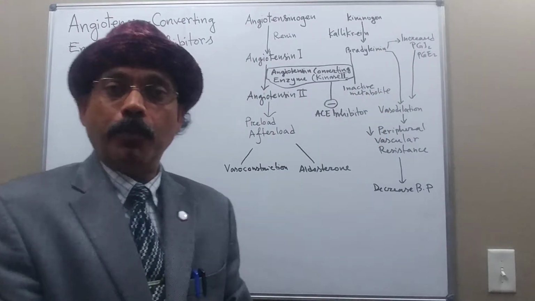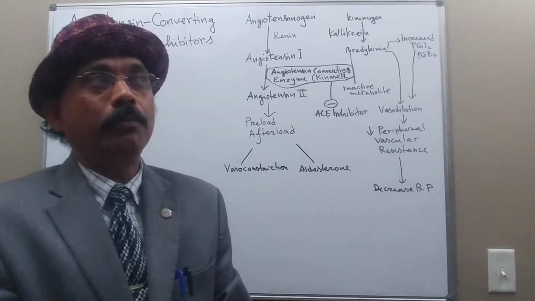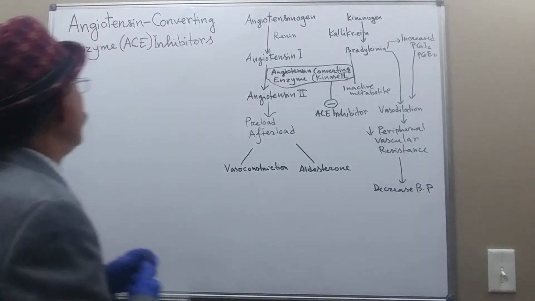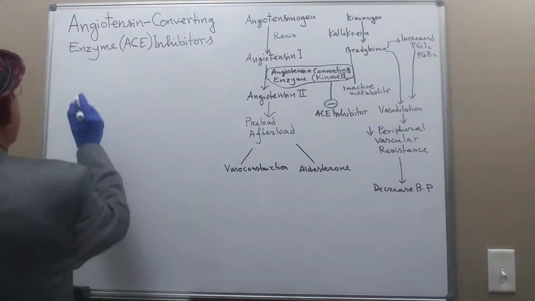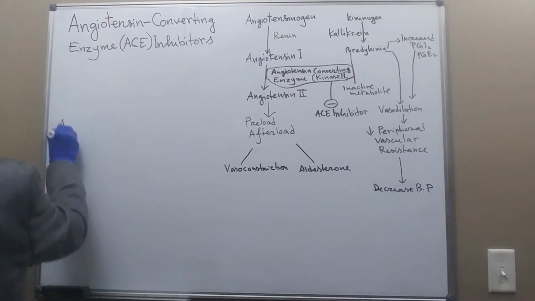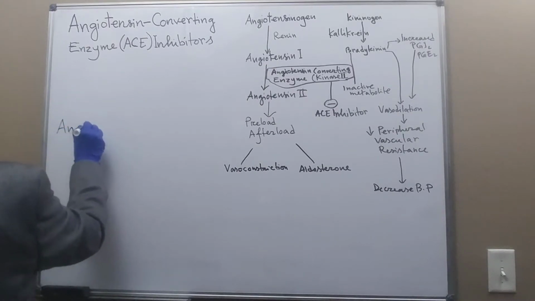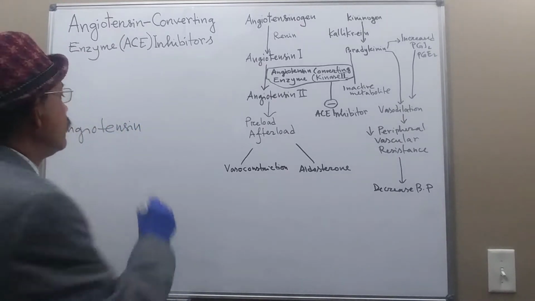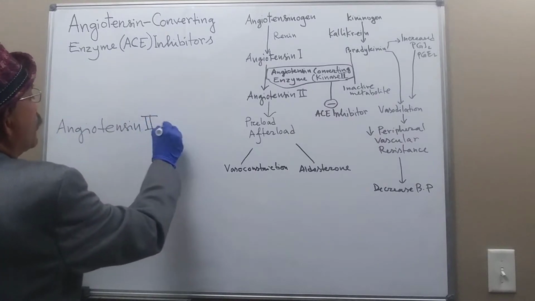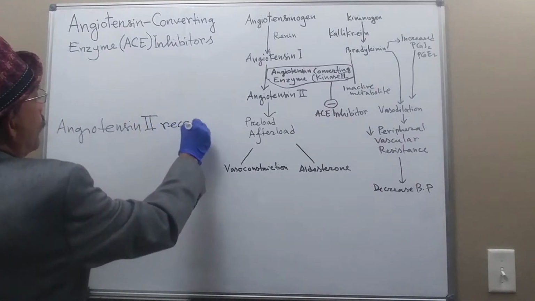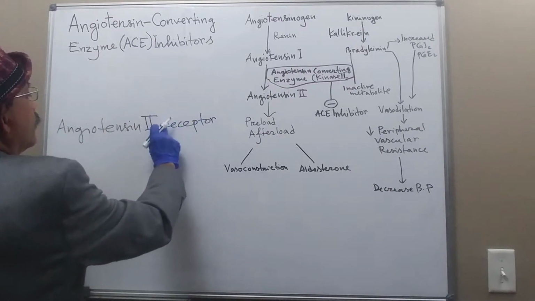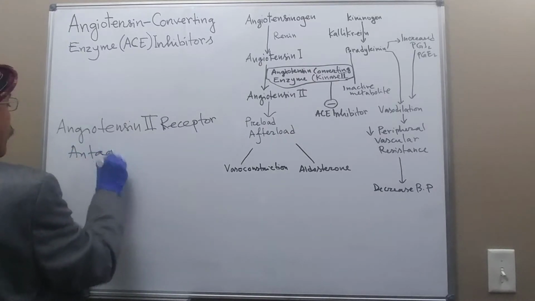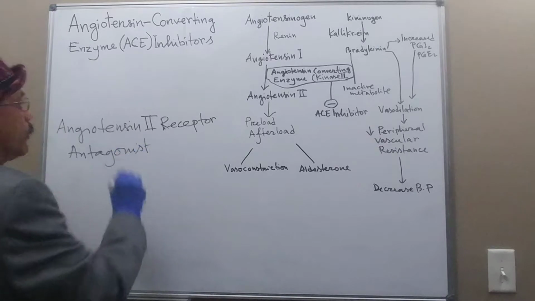Today I will discuss the pharmacology of the angiotensin-converting enzyme inhibitors, also called ACE inhibitors. These are antihypertensive drugs. We have another group of medication called angiotensin 2 receptor antagonists.